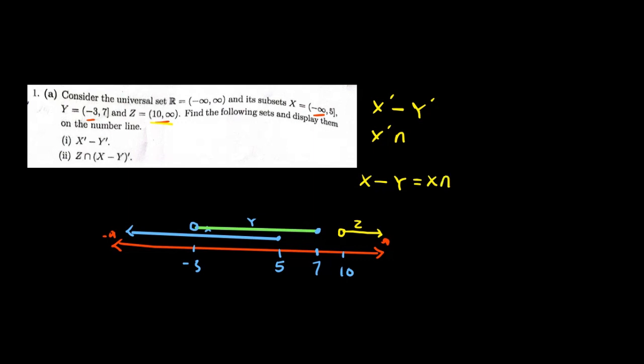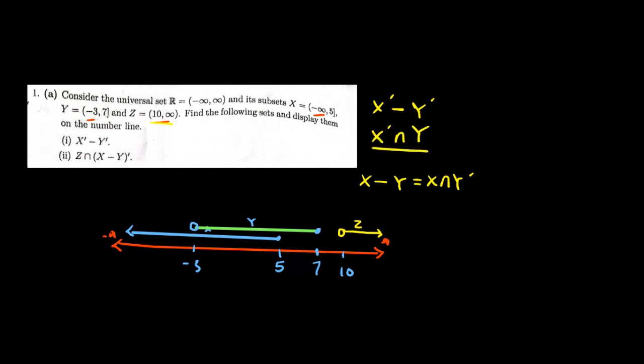In this same case, if I rewrite this, I'll get X complement intersection Y complement complement. The complement goes with the complement, and I just remain with Y. So it's X complement intersection Y. This is a simplified form of it.